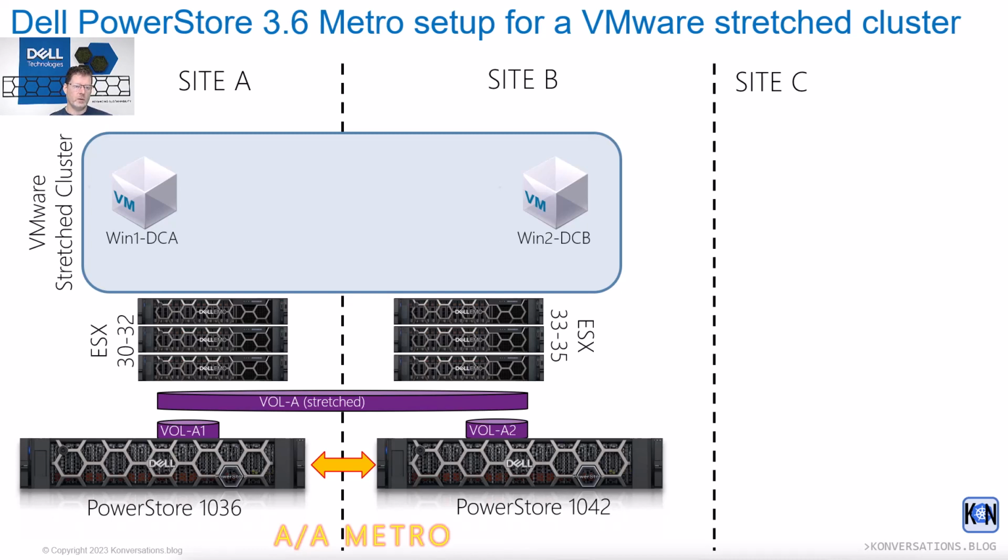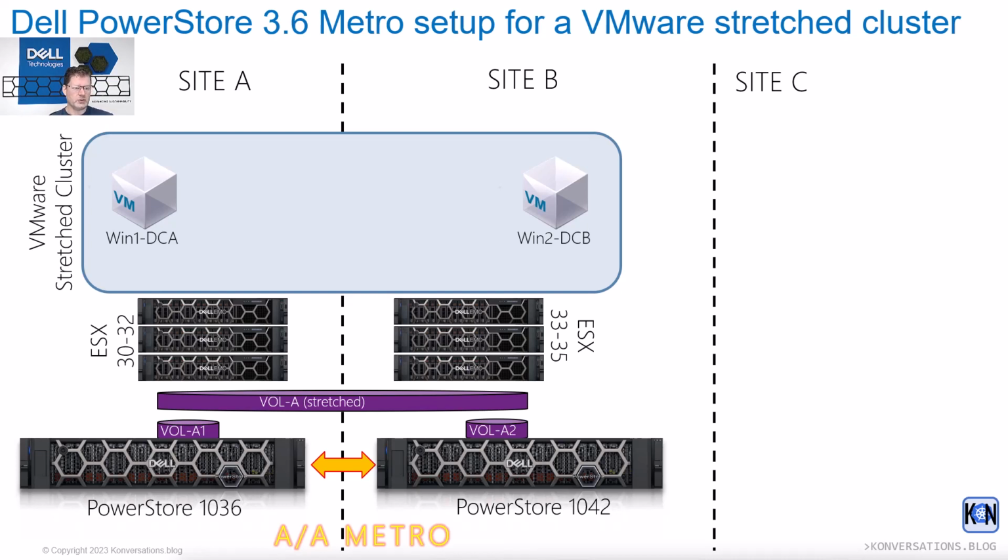So Windows Server 1 sits in data center A, talks to a volume that is preferred on A, while Windows DCB runs in data center B, obviously, and is running from the volume that is preferred on data center B.